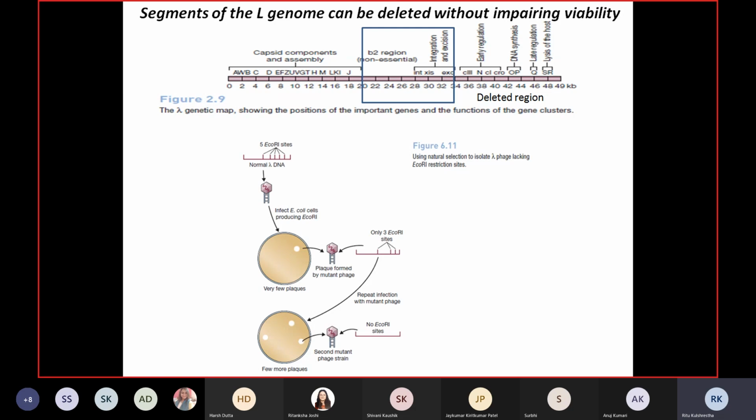So one way to tackle the problem was this, and another problem was the presence of multiple sites for a particular enzyme. So how did they finally get the lambda phage genome which has only one EcoR1 site?